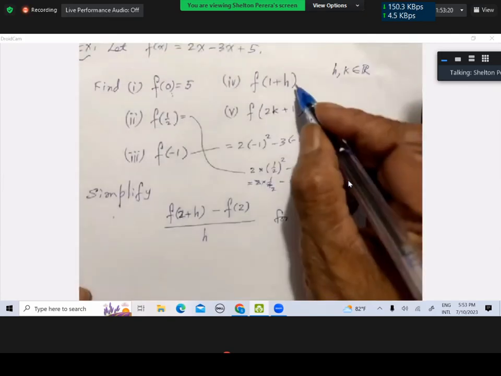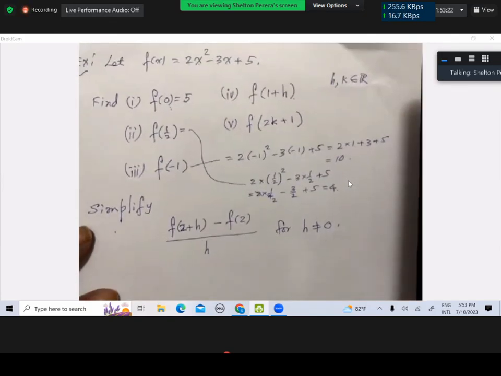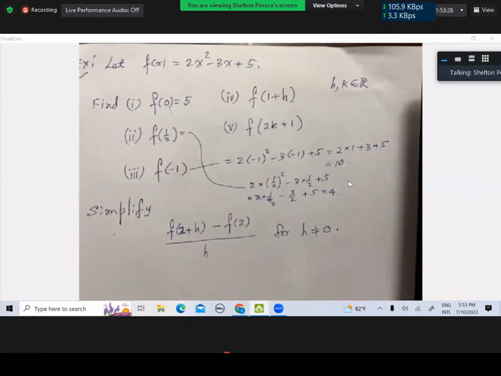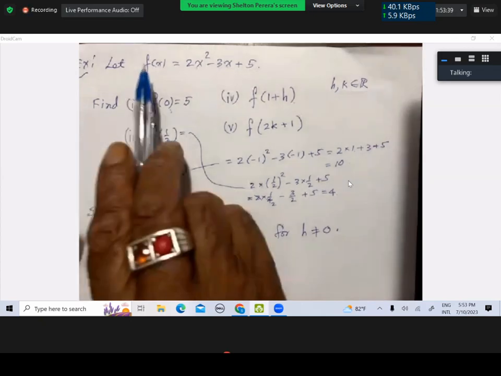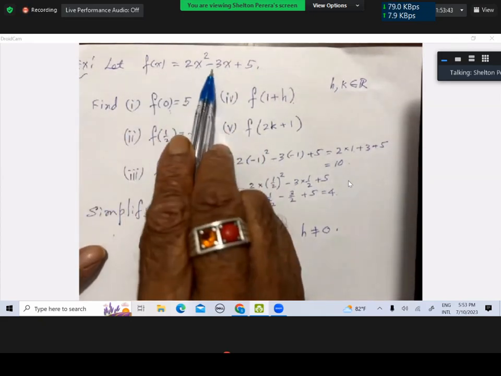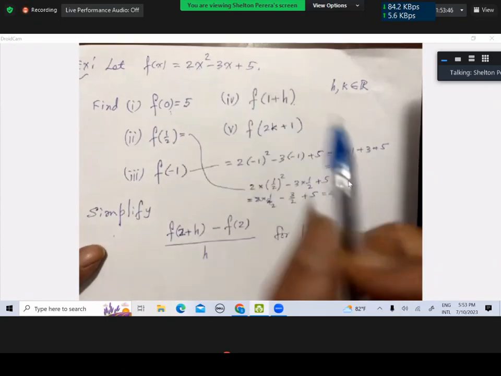F of 1 plus h. How do you find f of 1 plus h? What is the input? Don't invent your own rules. F of 1 plus h is the output when input is 1 plus h. When input is x, output is twice input squared minus 3 times the input plus 5.